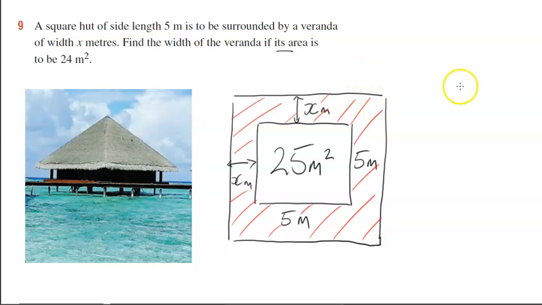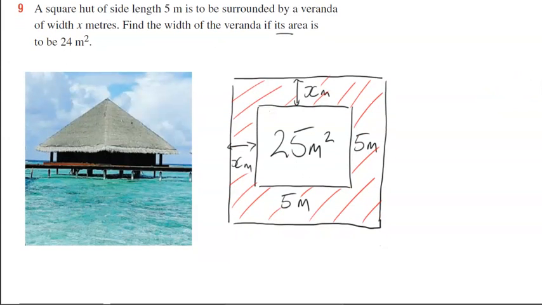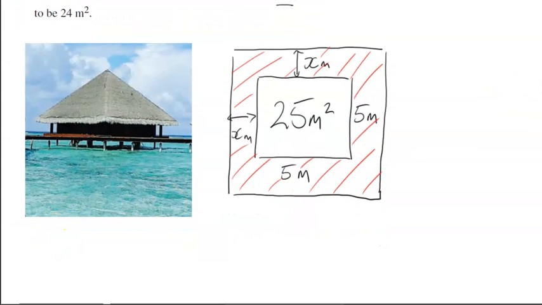So to tackle this question, what we can put down is as follows: this whole area, take away this area here, is going to equal 24 square meters. Now, what is this length?